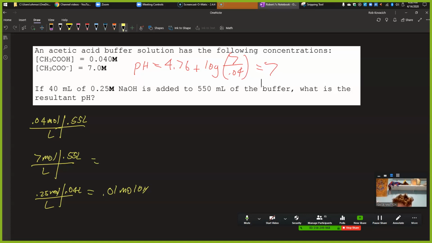This is going to be 7 times 0.55, which is 3.85 moles of acetate anion, and this is going to be 0.04 times 0.55, which is 0.022 moles of acetic acid.